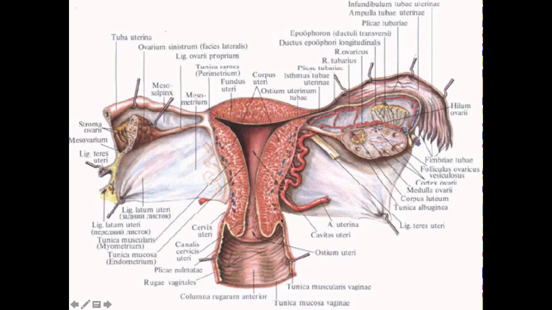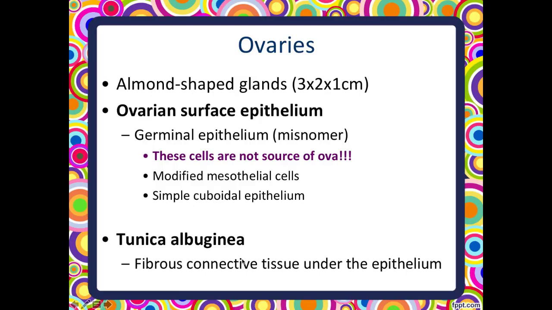Then, of course, the uterus, which is supposed to ensure a proper environment for the developing embryo and fetus, and of course to ensure the delivery of the baby, together with the vagina.